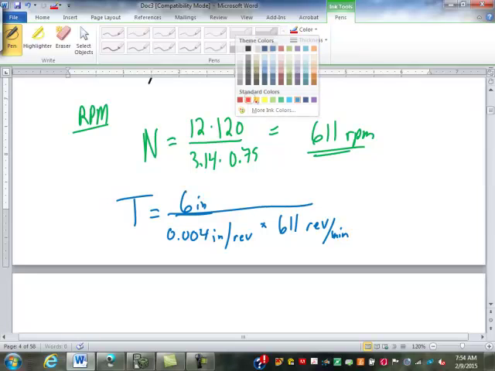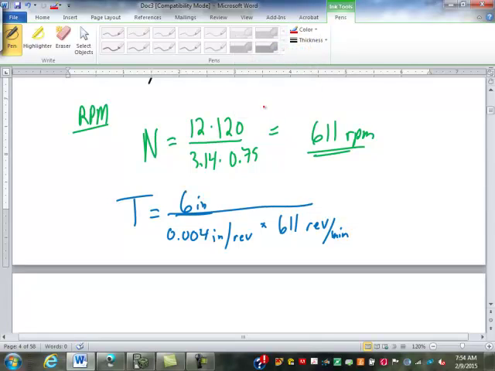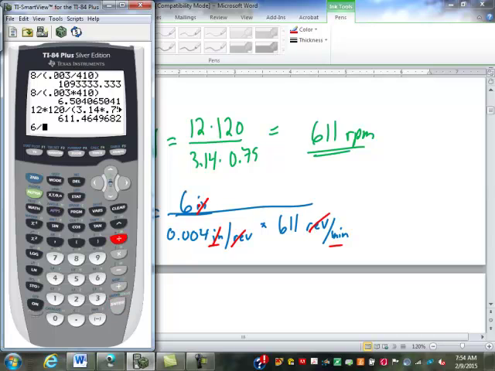You'll see when I multiply the feed rate, 0.004 inches per revolution, and the 611 RPM, revolutions cancel out, and this becomes inches per minute down here. Then the inches and the inches per minute, the inches will divide out, leaving us just minutes. So we'll punch this in. 6 divided by 0.004 times 611. 2.45.